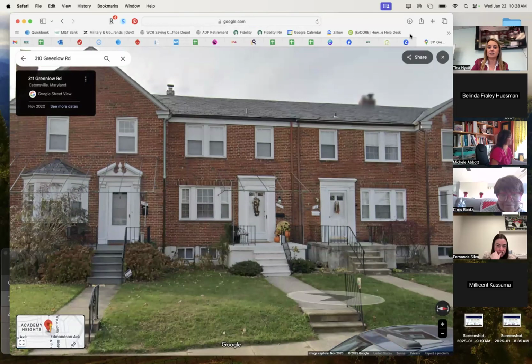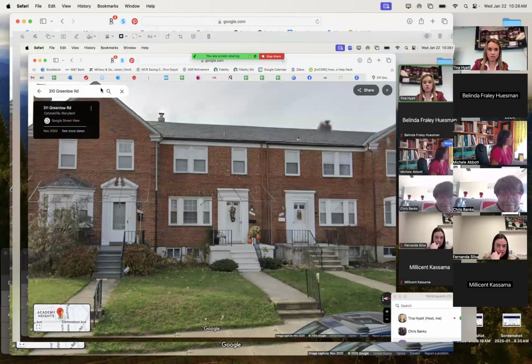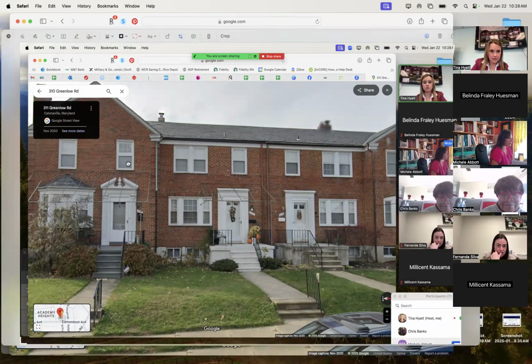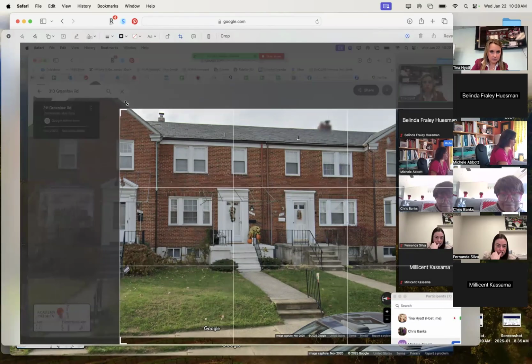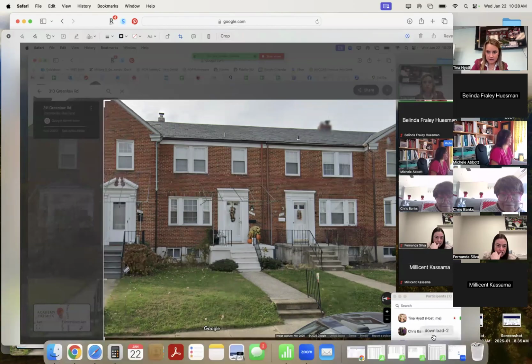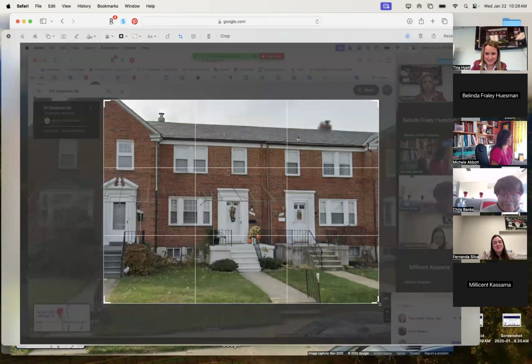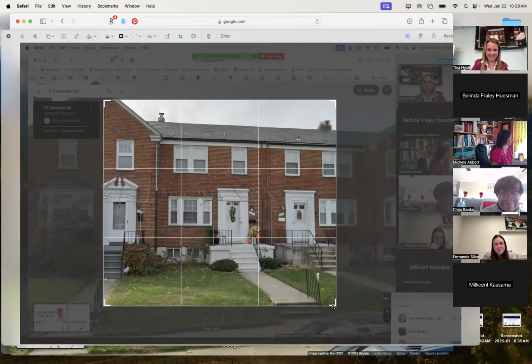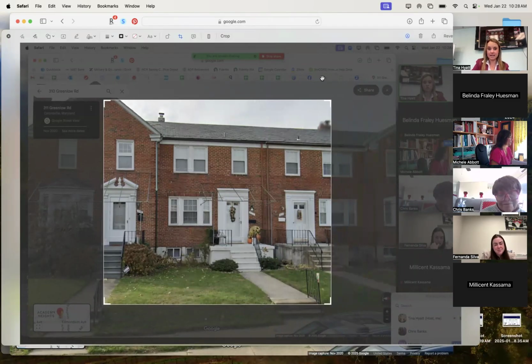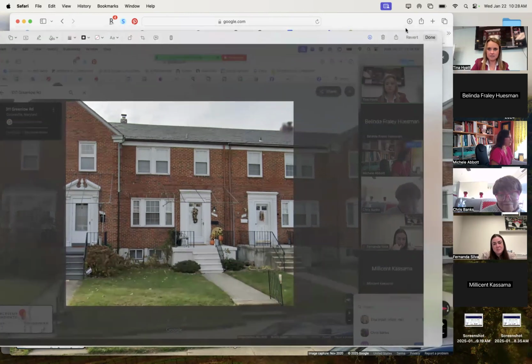So here's my screenshot. I'm going to crop it in just to my subject property. It's confusing to look at when you've got all this stuff on your screen. So I can crop it in, and then there's my photo from Google Earth. And then I hit done.